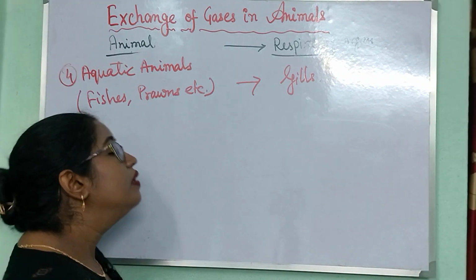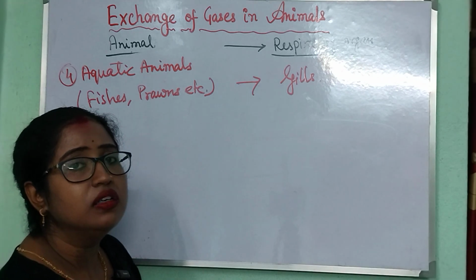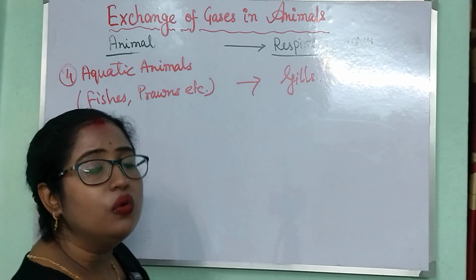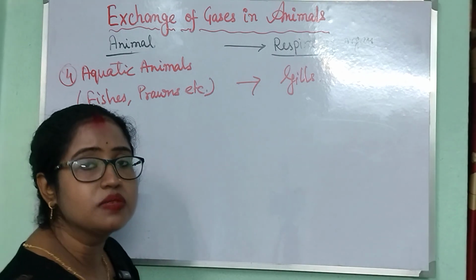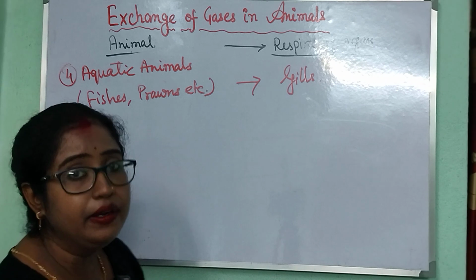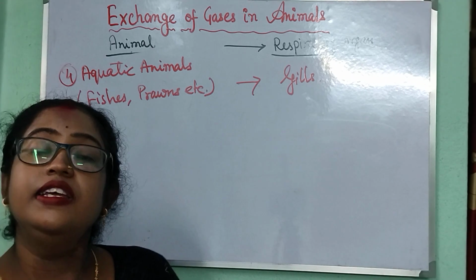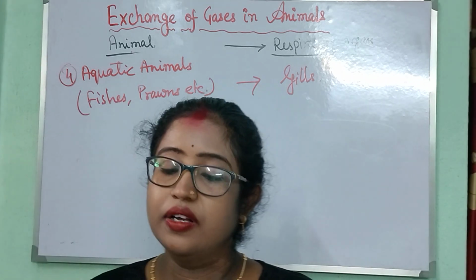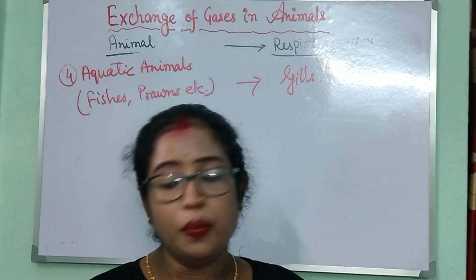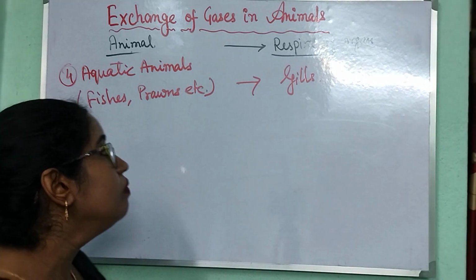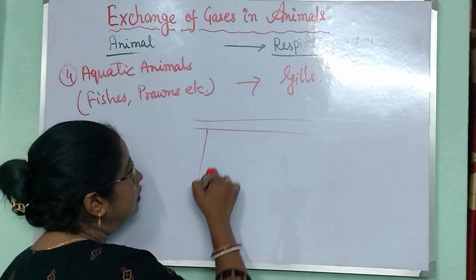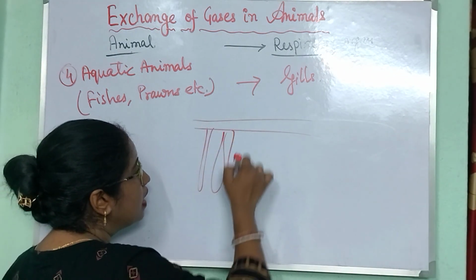So, in fishes, there are 4 comb-like gill slit structures present on each side of the head, and the gill area is covered by a bony surface that is known as the operculum.